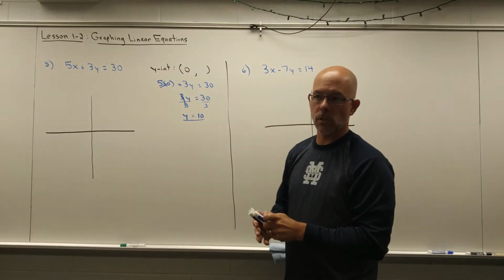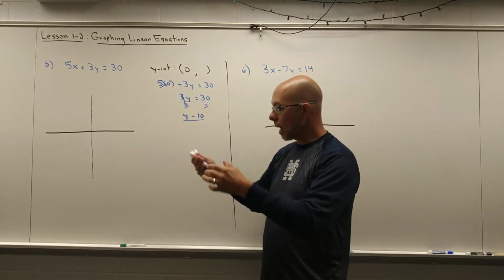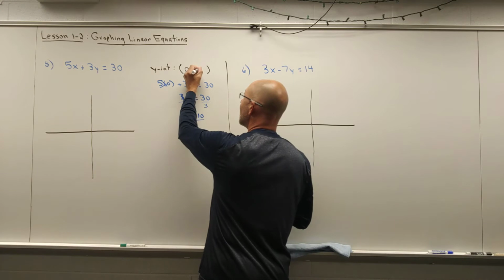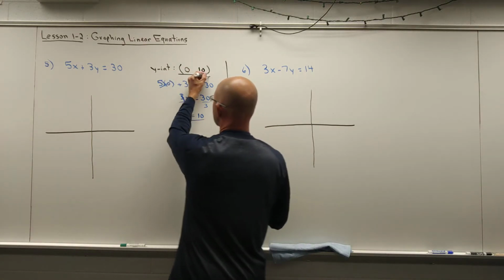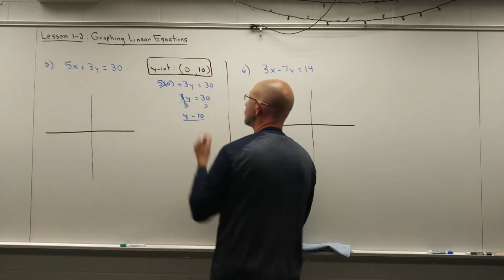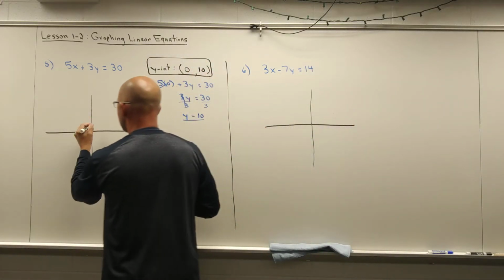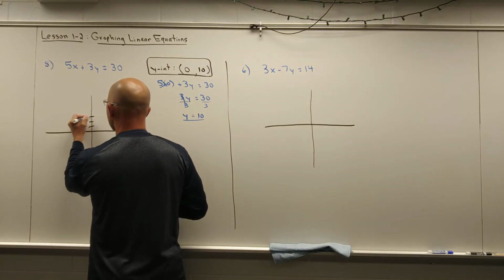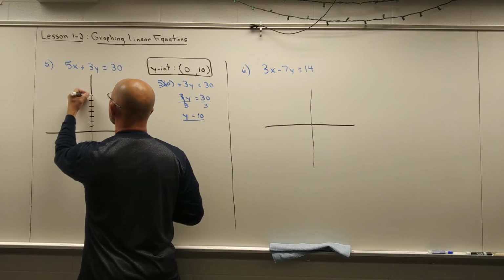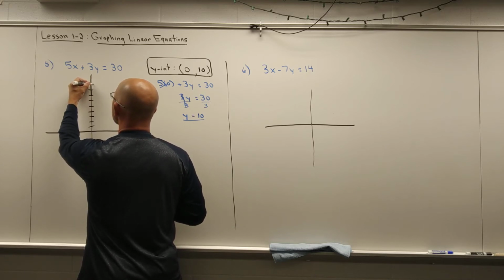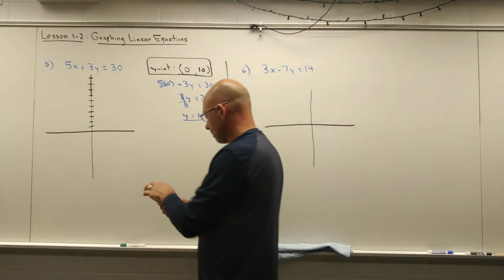In other words, when x is equal to 0, y comes out 10. And I can plot that point, 0, 10. Way up there, okay?